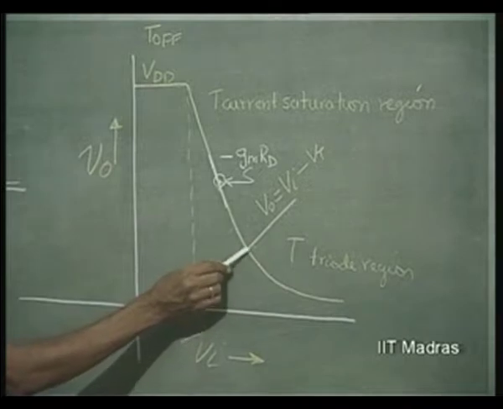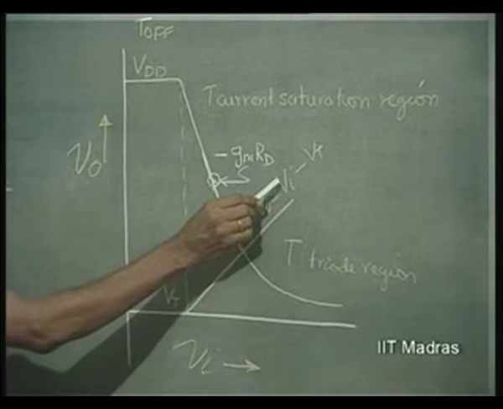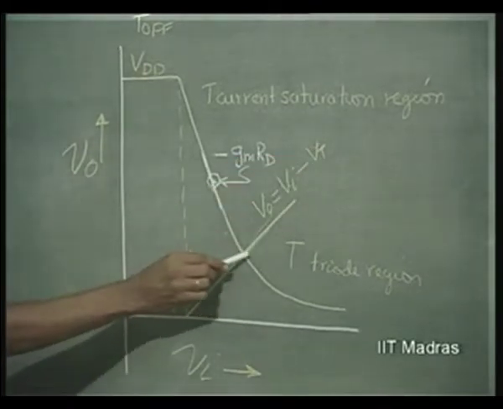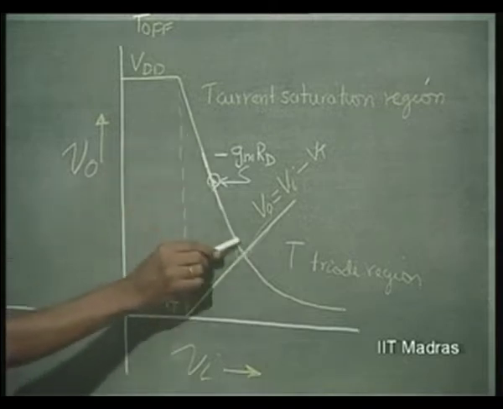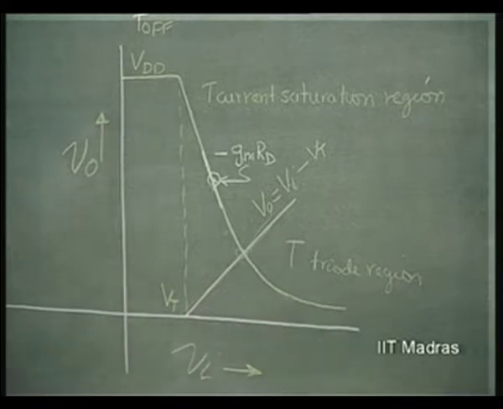At this particular point, when V0 or Vds becomes equal to Vi minus Vt, that is the line separating this current saturation region from triode region. When the transistor enters the triode region, the equation to be used is IDS is equal to 2k into (Vi minus Vt) into V naught minus V naught squared by 2.